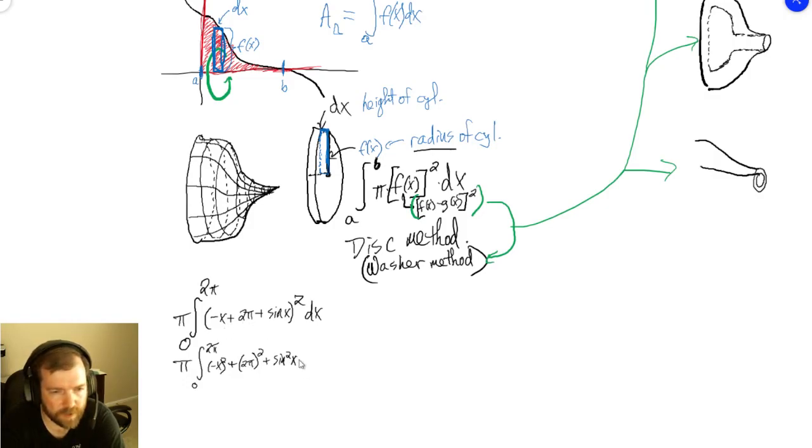So here this is going to be like a minus 2 times x times 2 pi minus 2 times x times sine of x and plus 2 times 2 pi times sine of x dx.